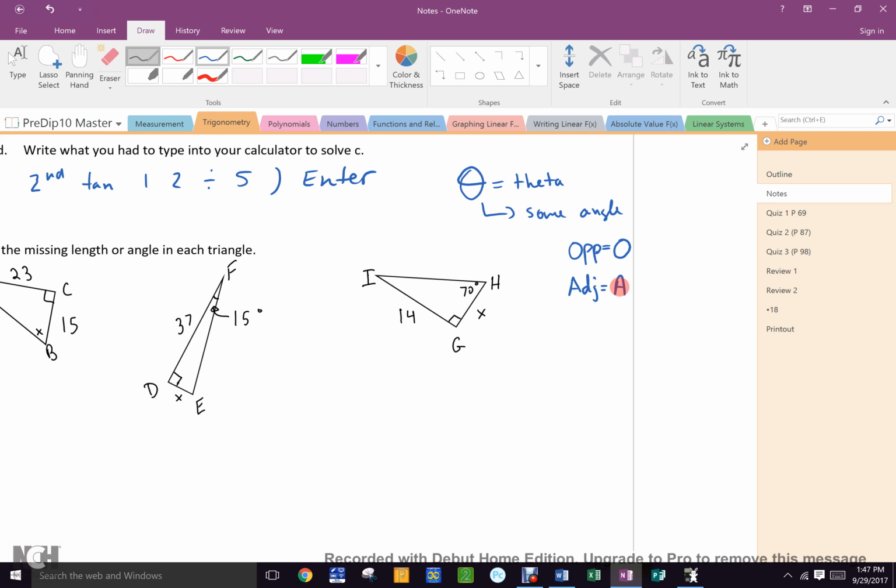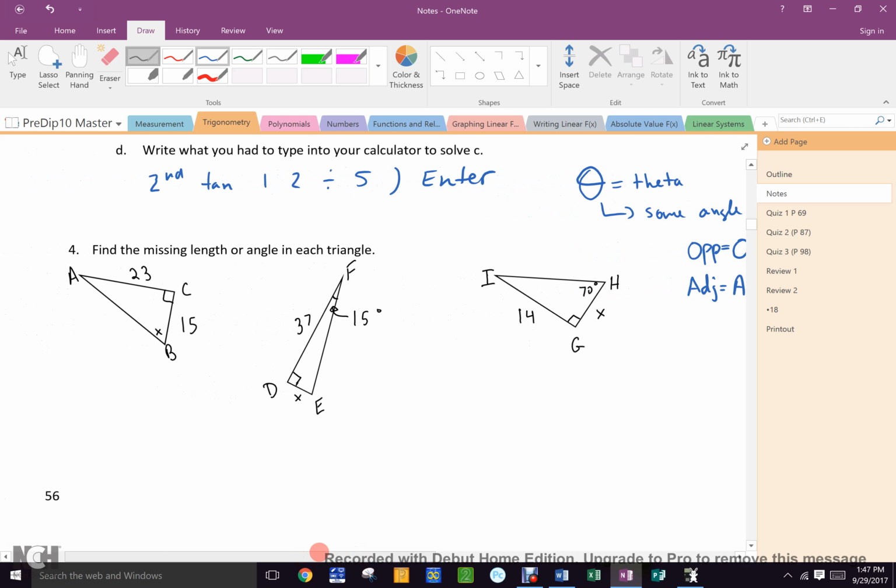But if you weren't in pre-dip 9, or if you came from a different school, I cannot guarantee that you have seen any trigonometry. So I'm not starting at the beginning, but I'm not going to gloss right into the harder stuff, okay? So we are going to work with just tangent for today.